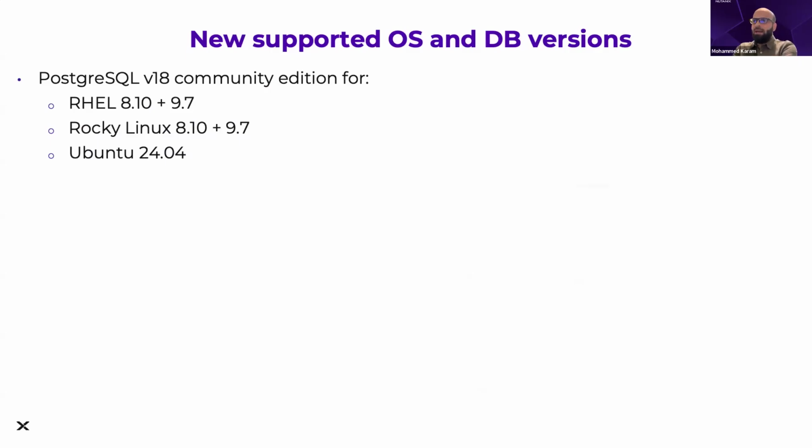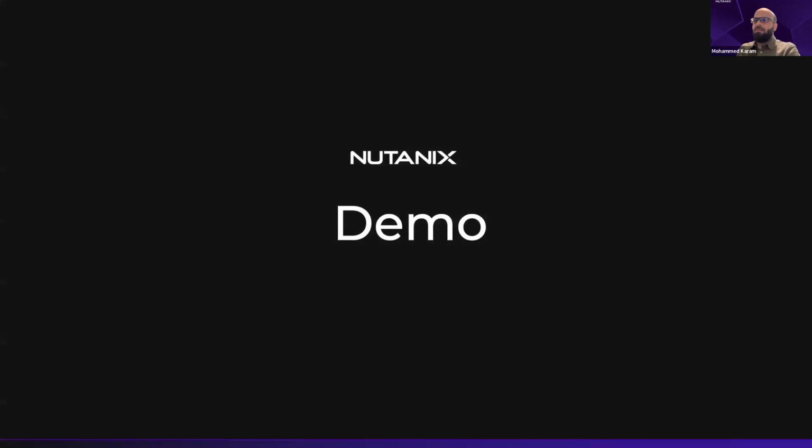From a version support perspective, we've added support for new operating systems and DB versions, specifically RHEL 8.10 and 9.7, Rocky Linux 8.10 and 9.7, as well as Ubuntu 24.04. All right, so that is the background in terms of what we've been able to do.